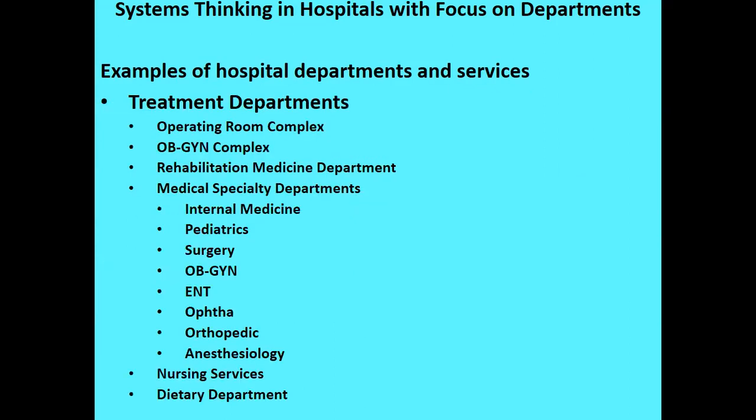Treatment departments are the third category. Examples under this category are the operating room complex, OBGYN complex, rehab medicine department, and the different medical specialties like internal medicine, pediatric surgery, etc. Another big treatment department is the nursing department and dietary department.